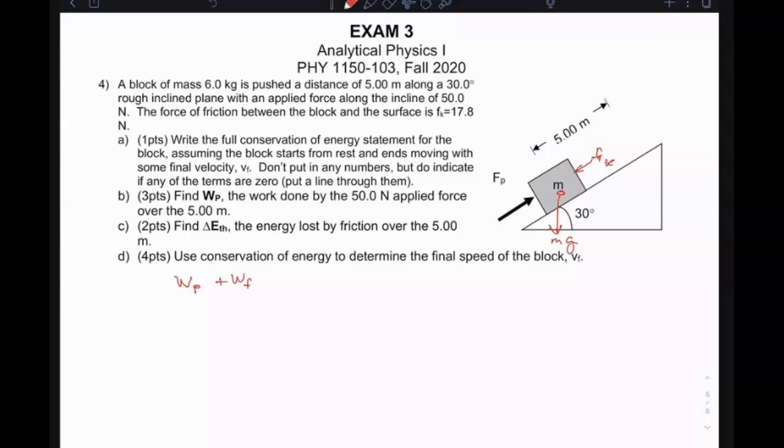In this sense, we're treating the friction force as an external force acting on the mass Earth system. And this affects the change in the kinetic energy of this system and the gravitational potential energy of this system.